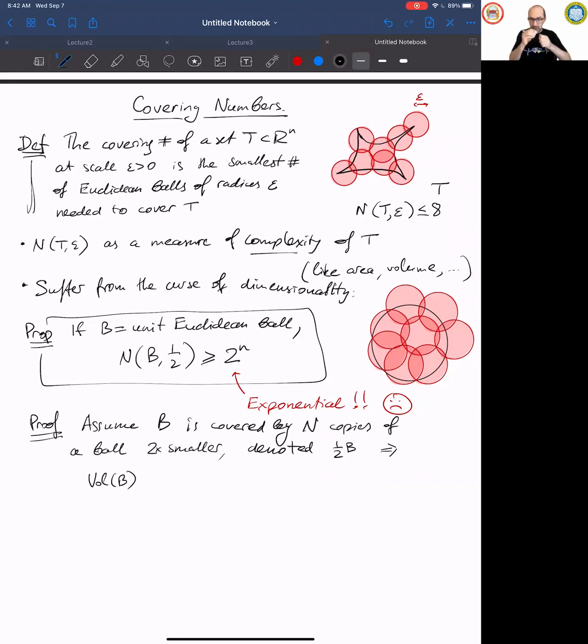The volume of B is covered by all of these little balls, perhaps with intersection, and that only increases the right-hand side. So it's at most N times the volume of the covering ball. Is this clear?